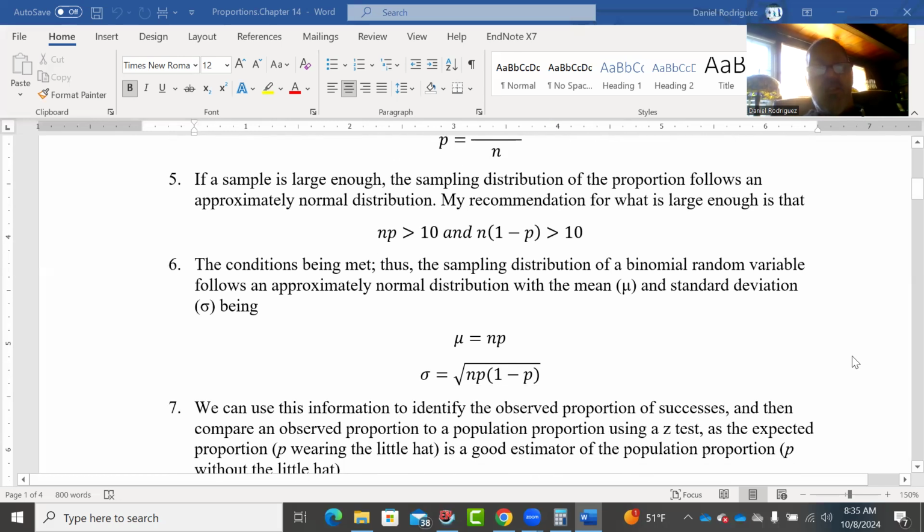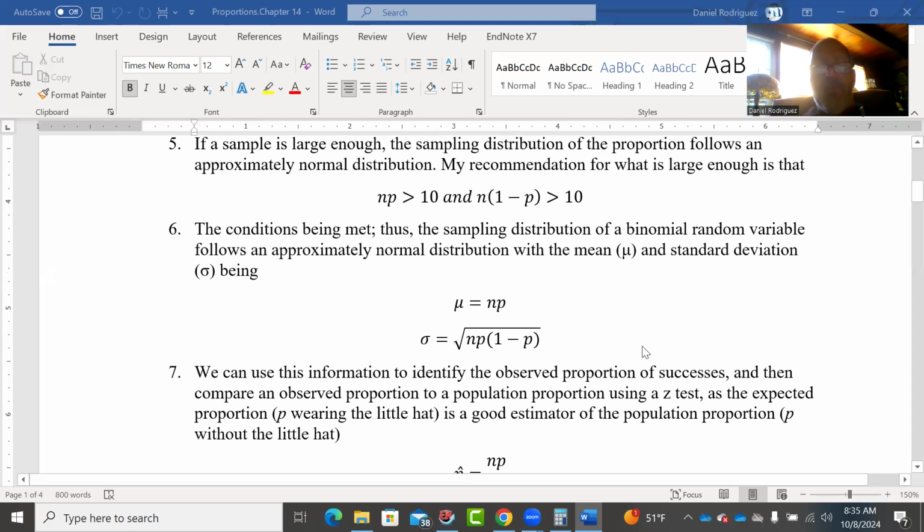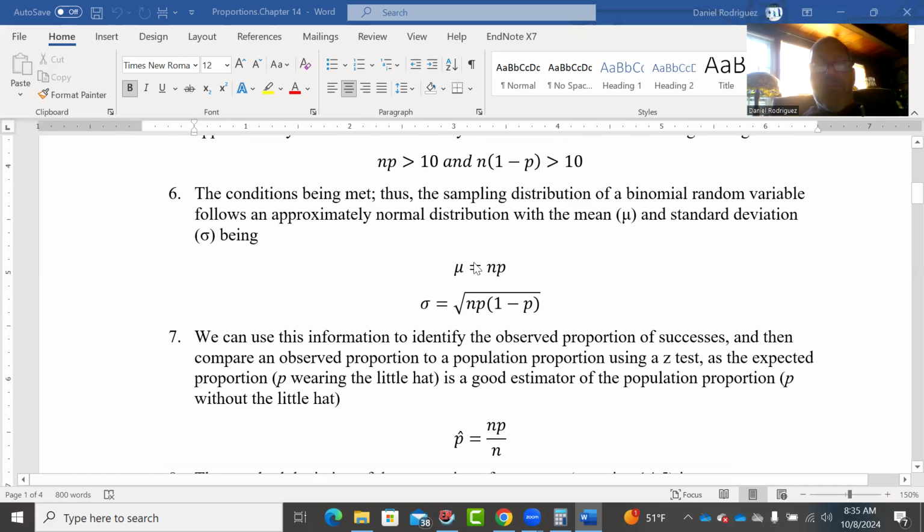Of course, if you have a really large sample size and your probability is around 0.5, no worries, right? If the conditions are met, then the sampling distribution of a binomial random variable follows an approximately normal distribution with a mean mu, where mu is the expected value, n times p, right?